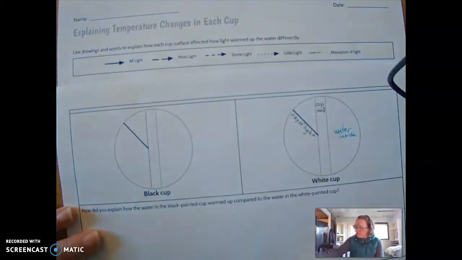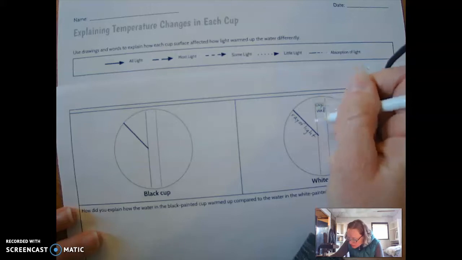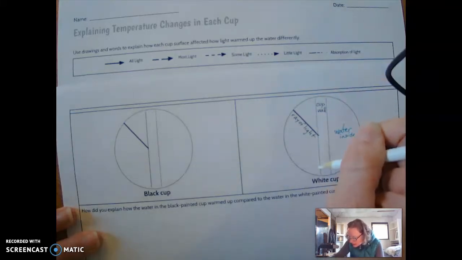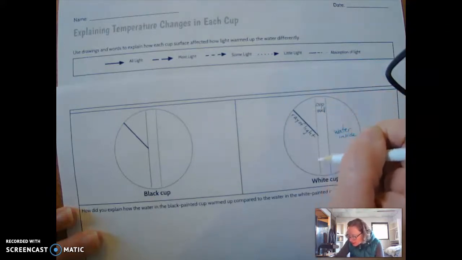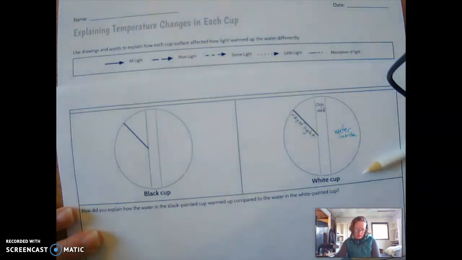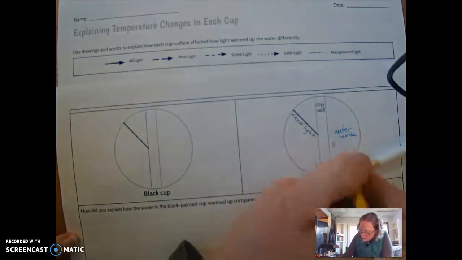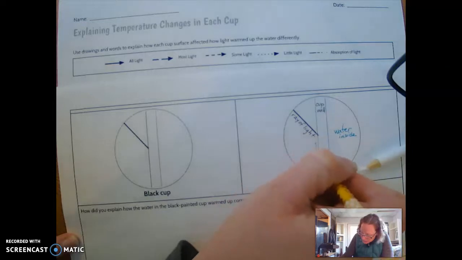And what we did to our cup was, I don't know if this will show up, we painted it white, right? So the outside, you cannot see that at all, can you? All right. Maybe we'll just label it white paint. Okay.